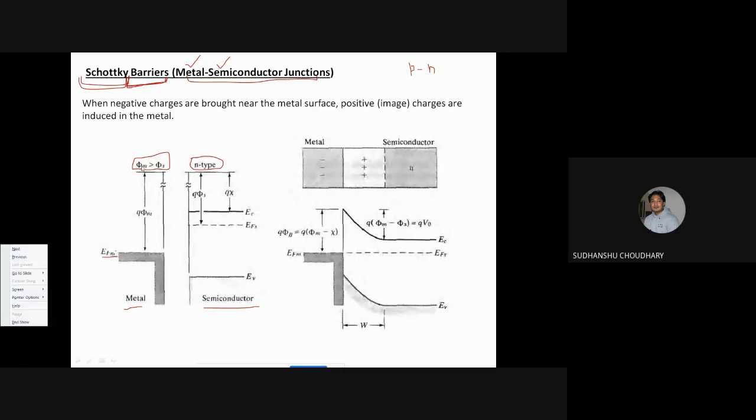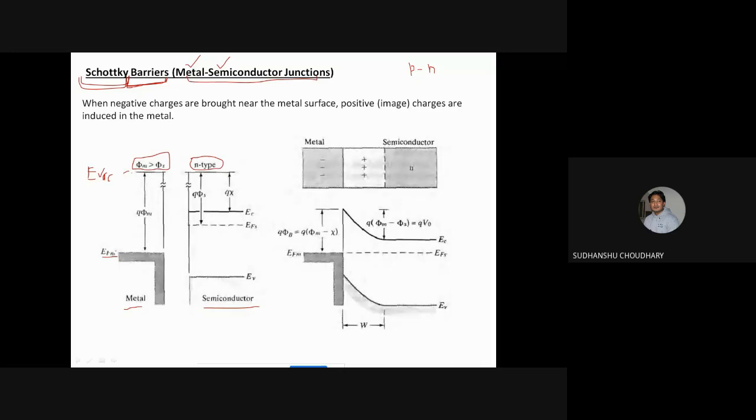So what is work function? Work function is the minimum energy required by a carrier in the material to escape the material. That means if a carrier or an electron in this material achieves an energy equal to the work function of this material, then that carrier or electron will escape the material and can reach the vacuum energy level, or what we call E vacuum, right?